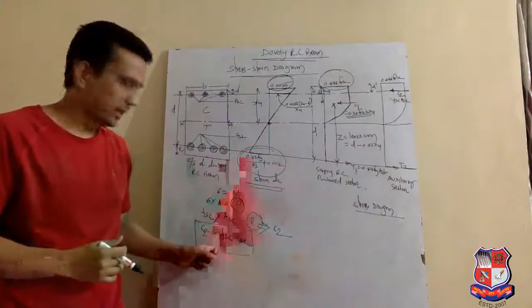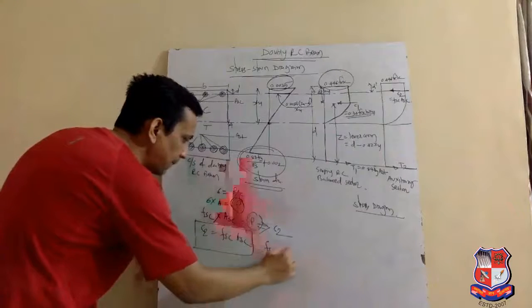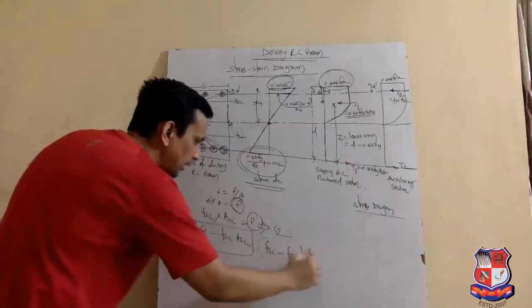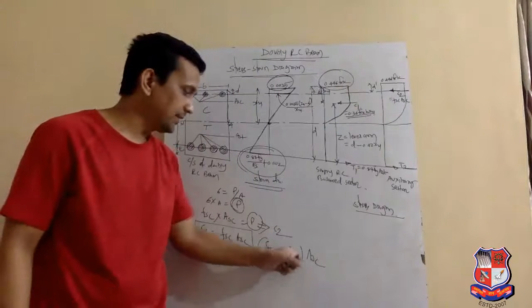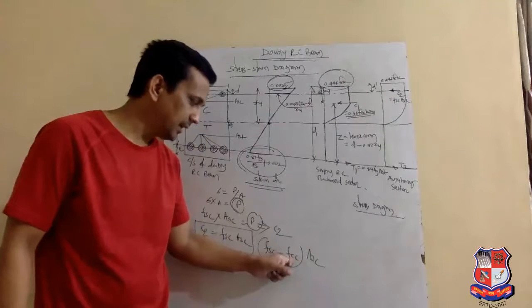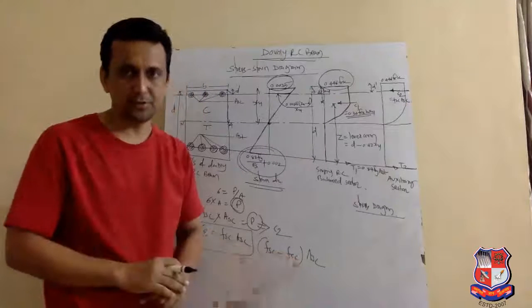Some books denote C2 as (fsc minus fcc) into Asc. Now what is fcc? fcc is the stress in concrete in the compression zone.